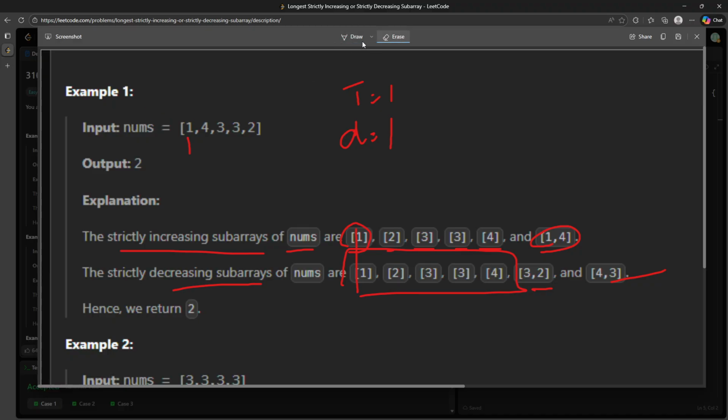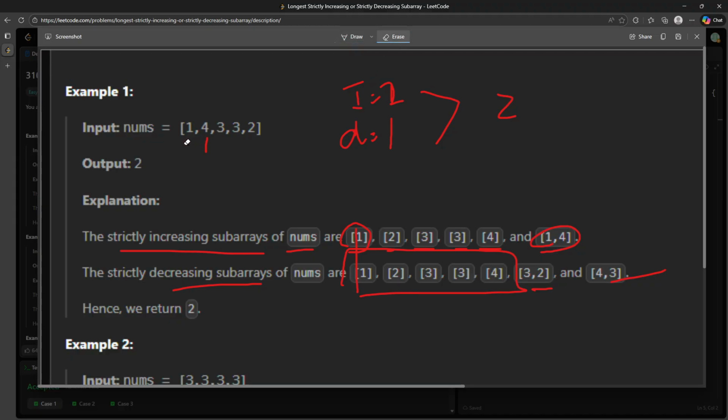And then when we compare to the next value, we check if this is increasing or decreasing, right? So if this is increasing, I increment my increment count to 2, and the decrement count still remains 1, and then I compare which one is maximum. Okay, the increasing one is maximum.